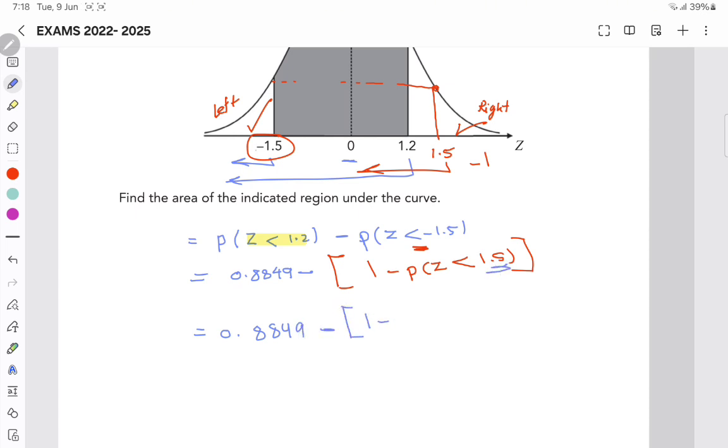Now 1.5 is positive, and I want the area below that, so we can state that from the table. 1.50 is 0.9332. We just insert all of that in the calculator to get the final answer, and it's finished. So after using a calculator, it will be 0.8181. Hashtag we love math.